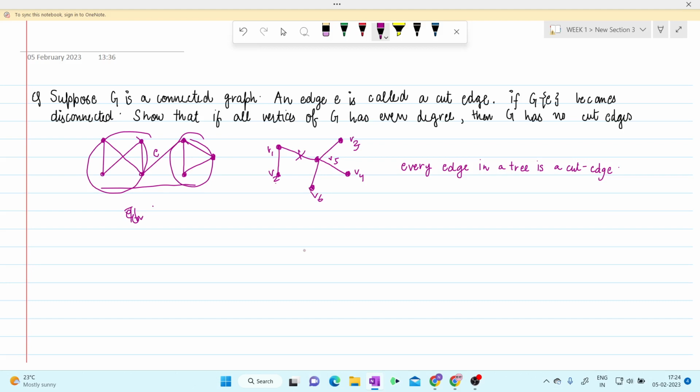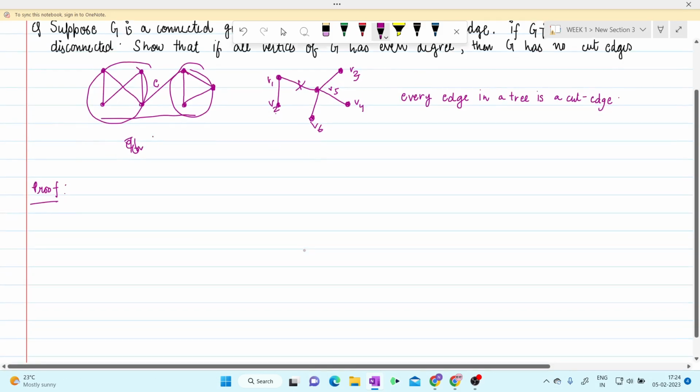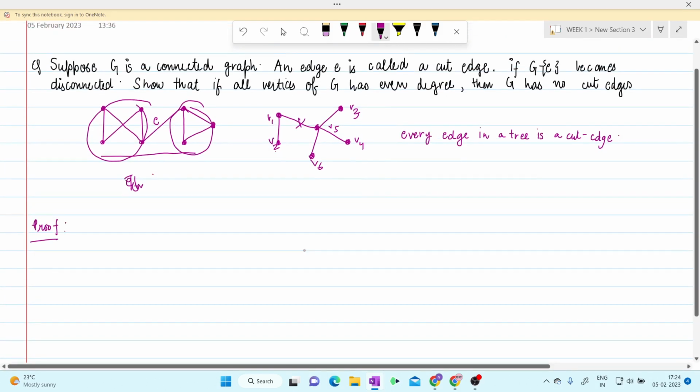So now once we know what a cut edge is, we are given a graph G in which all the vertices have even degree. Then we have to show that G has no cut edge. This also we'll prove by contradiction.